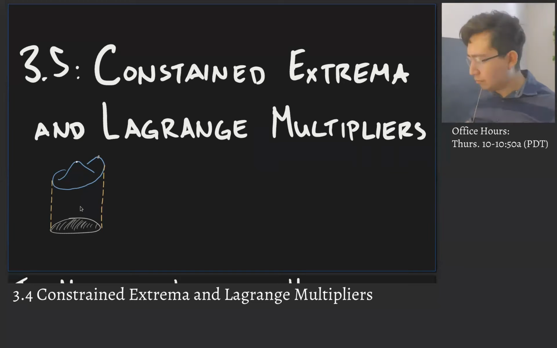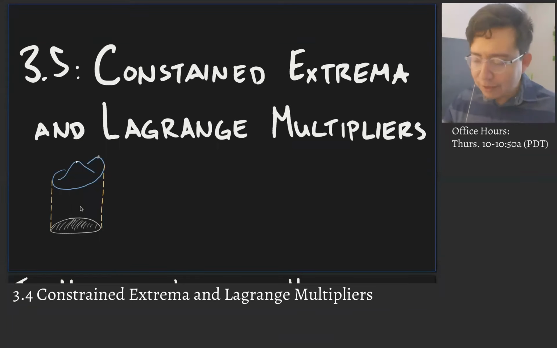That's the principle at play here. If we restrict to a closed and bounded region, then somewhere on that region, either inside or on the boundary, we're going to see a minimum value achieved.